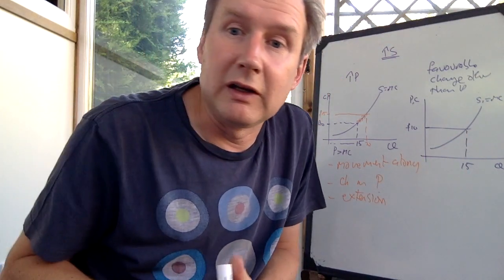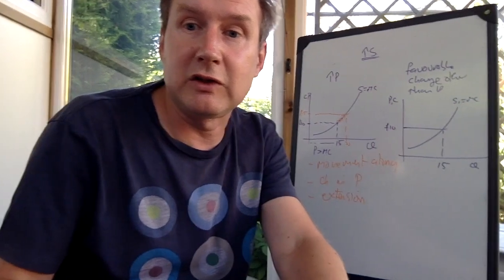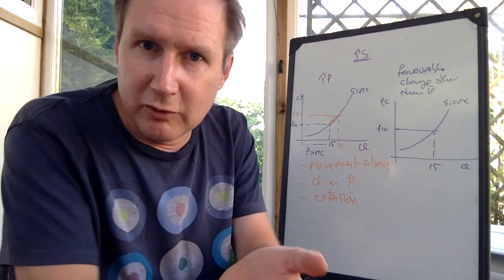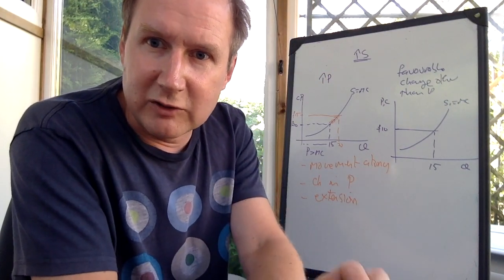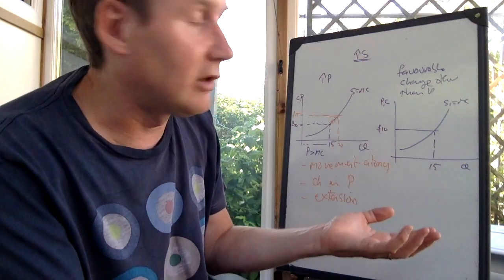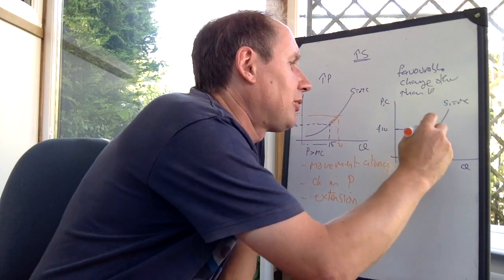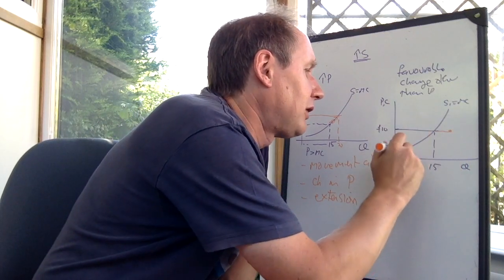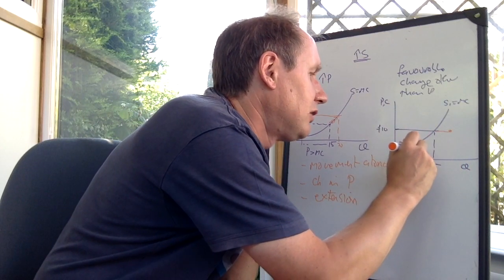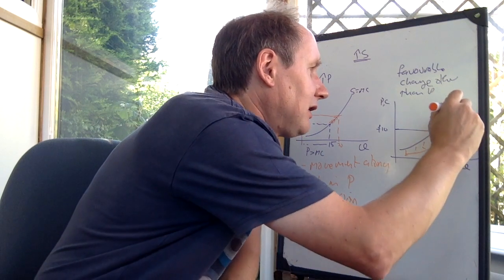But now suppose you discover a new way of making things much more cheaply. Your marginal cost is much lower than it used to be. So now, when price is £10, you're far more willing to supply. Each unit is costing you less.